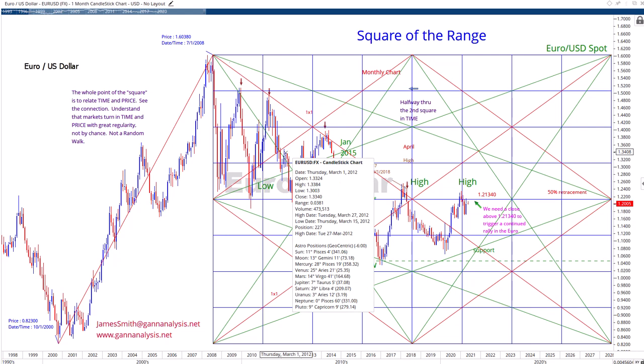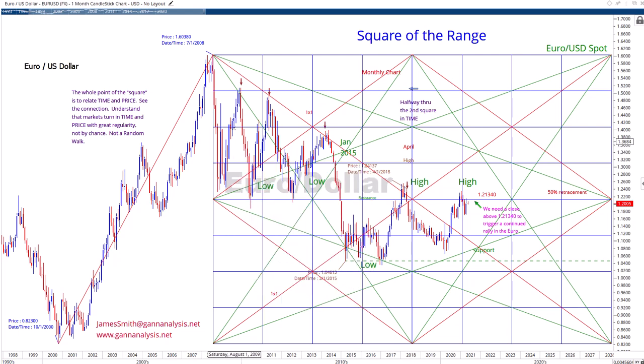Again, when you're creating a square of the range, you want to see a lot of hits. So the arrows show you where the hits are, but we're just going through. You can see it found support at the 50% retracement. You rally back to the 1 by 1. You also have 2/8 distance in time through the square.